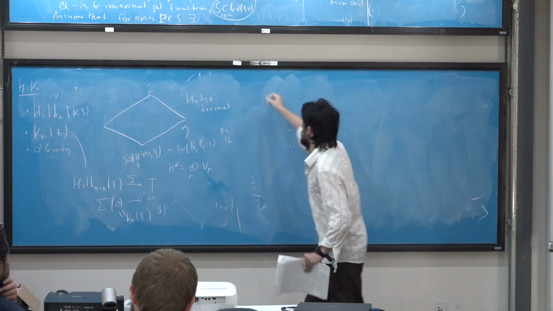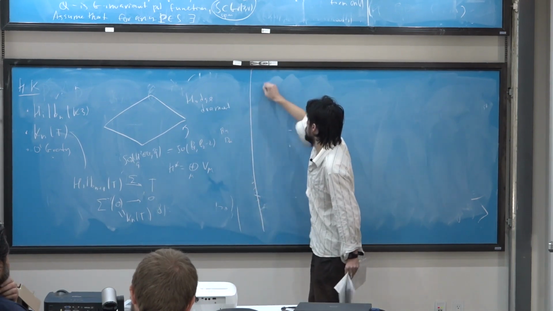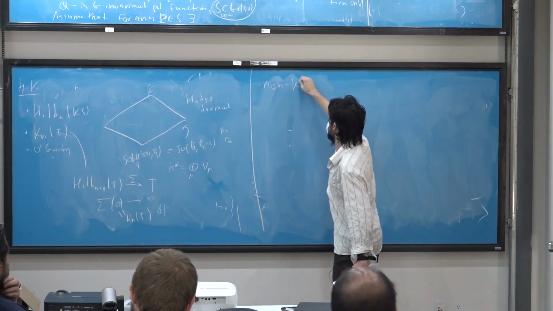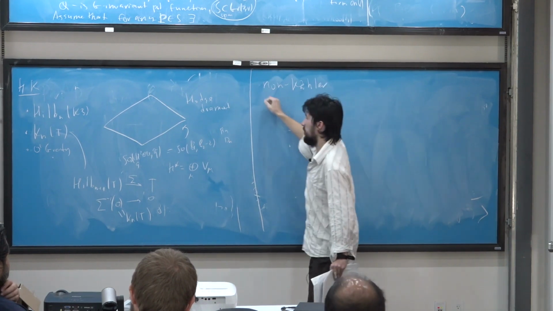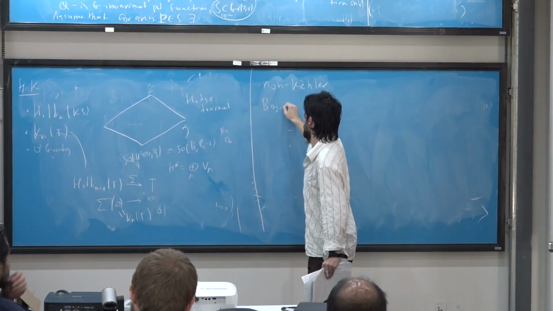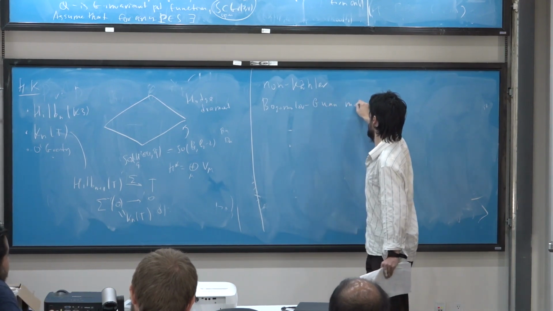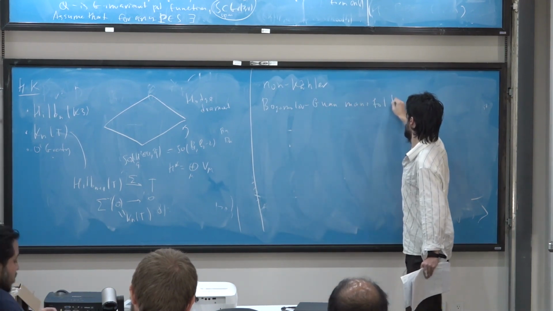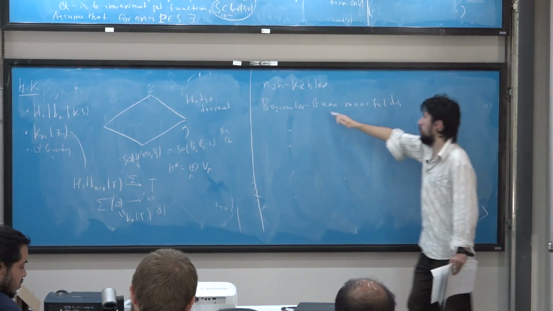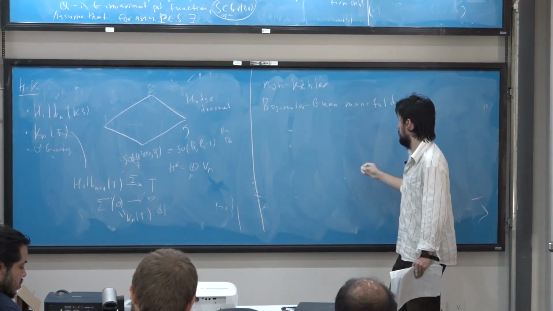Then, in the non-Kähler case, we have Bogomolov-Guan manifolds. They were first constructed by Guan, then by Bogomolov. The construction is the following one.